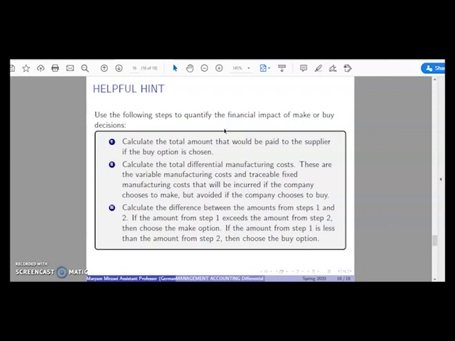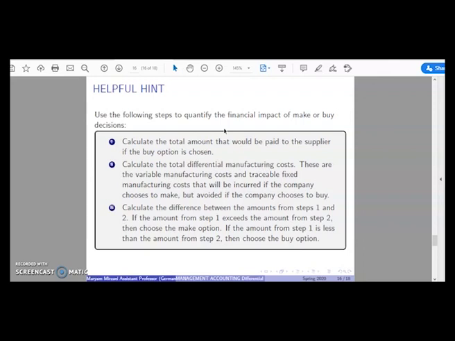So the first step that you need to take is calculating the total amount that would be paid to the supplier if the buy option is chosen. So what we did here is the same. You need to calculate the total price, how much you have to pay if you want to buy from the supplier. The second is calculation of the total differential manufacturing costs. How do we do it?